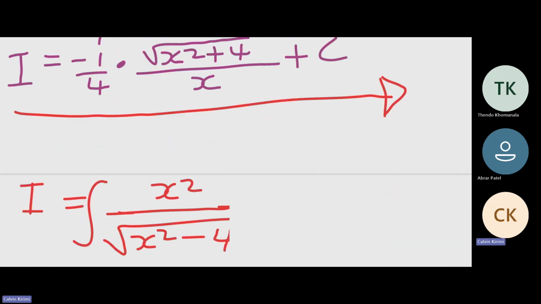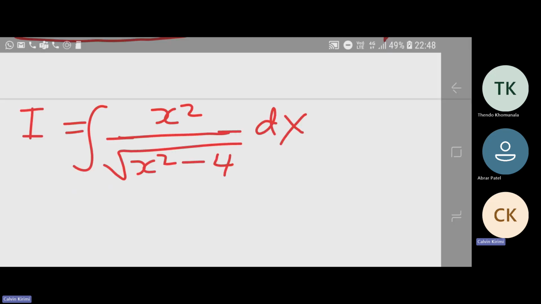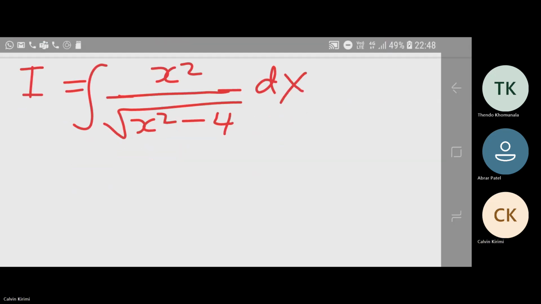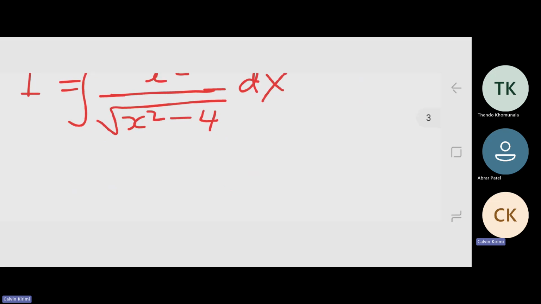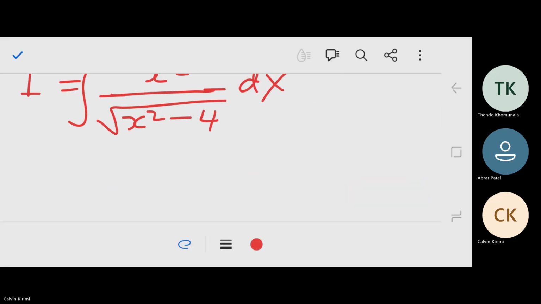So that is our condition. So we are going to put our assumption: let x be equal to a secant theta.